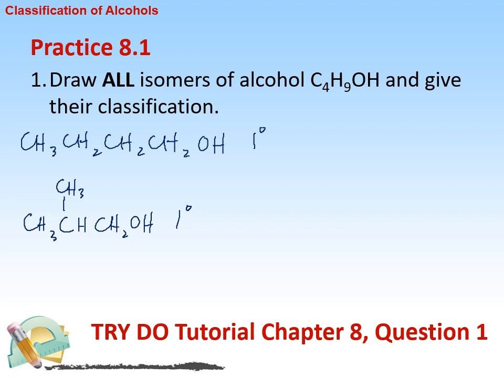Okay, the third one, let's do a positional isomerism, where we're going to switch the position of the hydroxy group. So CH3 would be here, is the OH group, and we have 1, 2, 3, 4, the 4 carbons.